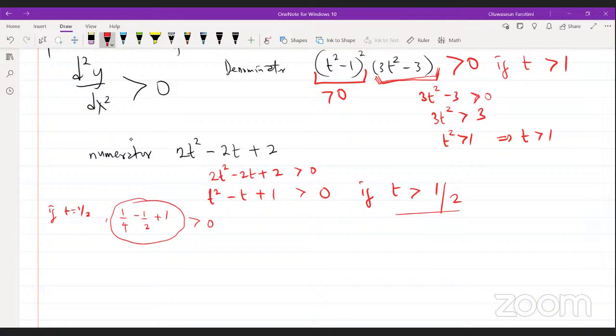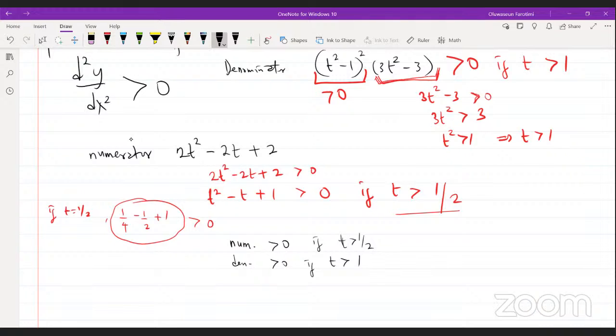Now, that means that the numerator, think about it now. Let's put things together. When it is with fractions, you have to be very careful because things can be somewhat technical. So the numerator is greater than 0 if t is greater than 1/2, and the denominator is greater than 0 if t is bigger than 1.